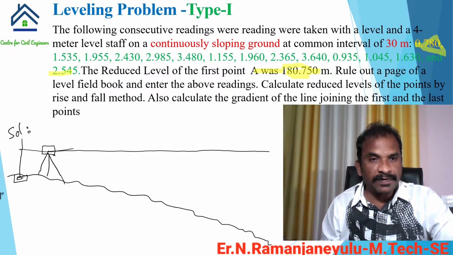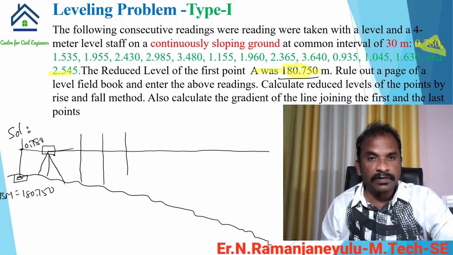This benchmark value is given in the problem, that is 180.750, and this reading is 0.780. That is the first reading, and this is the second reading, third reading. All these values are intermediate values.